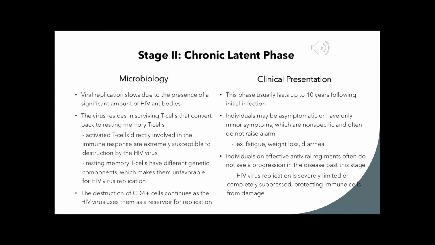Activated T cells directly involved in the immune response are extremely susceptible to destruction by the HIV virus. So for those T cells that manage to survive being infected with an HIV virus and revert back to memory T cells, they can act as a host or a reservoir for the HIV virus during this latent phase.